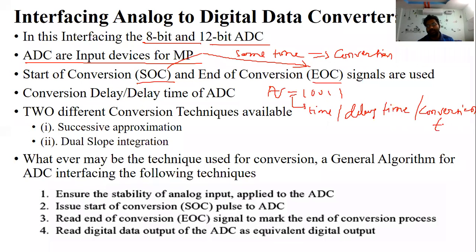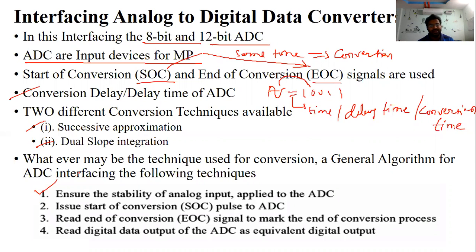We discussed two conversion techniques for analog to digital conversion: successive approximation as well as dual slope integration. Whatever technique we use, the algorithm for converting analog to digital is the same.